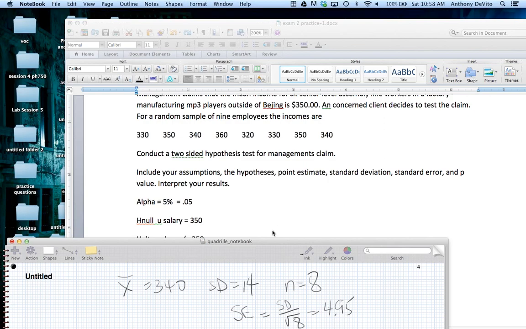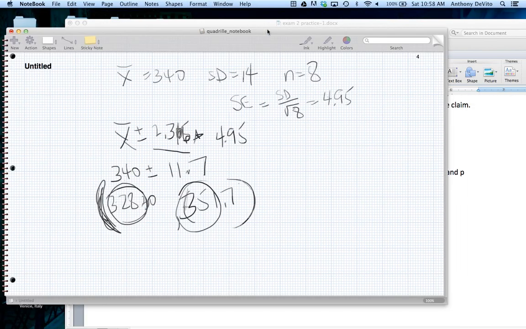We're going to do this a second way, using something called a t-test. What's really happening here is that we're looking at this mean, 340, and we're looking at the mean that the manager claims it would be for the whole population, right? The mean he claims for the whole population is 350. The one that we found in our sample was 340.